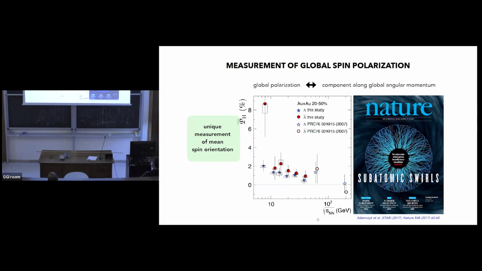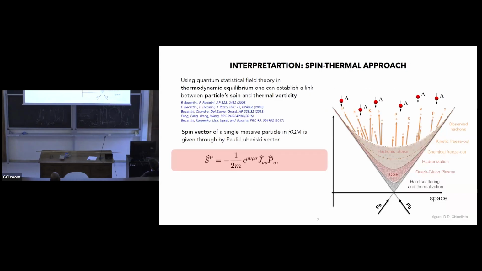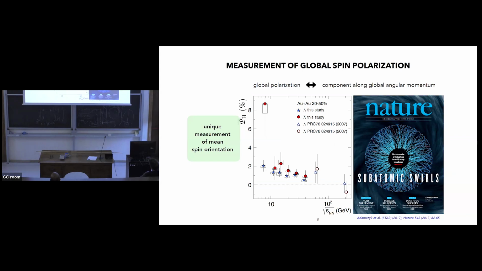This was, I would say, a breakthrough measurement, because it was the first measurement of polarization in a system at the femtoscale, and of the magnetic moments orientation in heavy ion collisions. So this is a measurement that provides another way to study the properties of quark-gluon plasma.